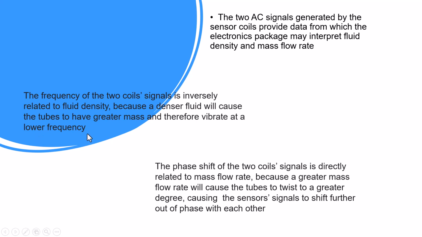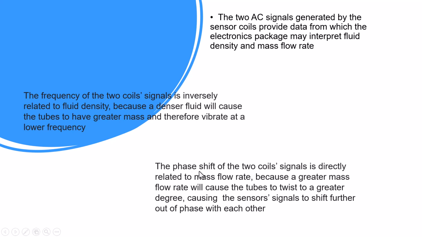So the frequency is about the density. If the frequency is too high, that means the density is too low. If the frequency is too low, the density is too high.